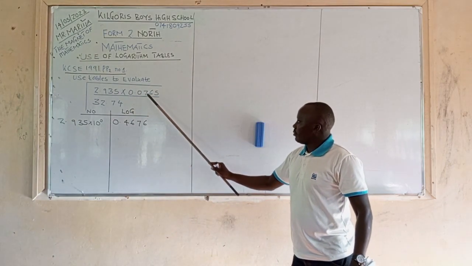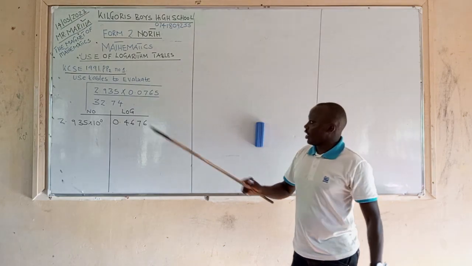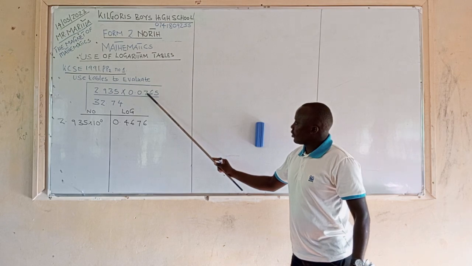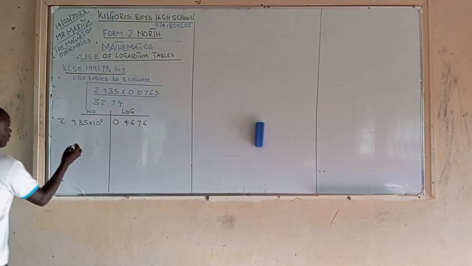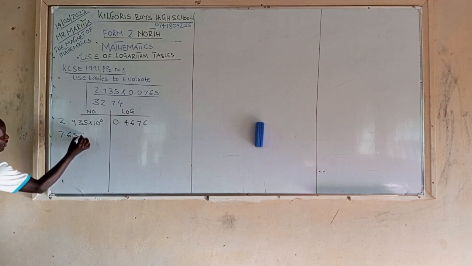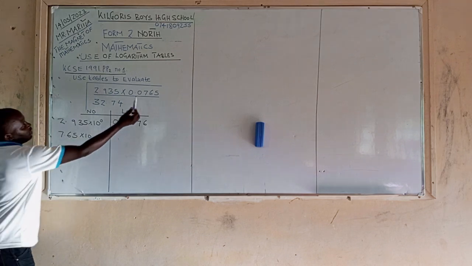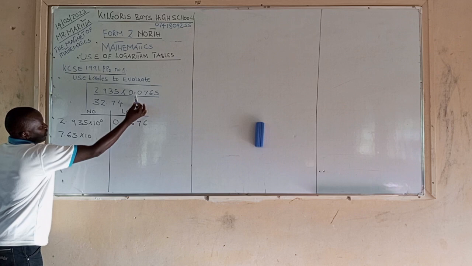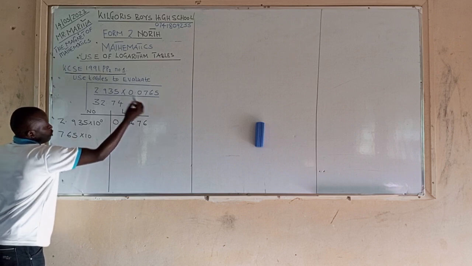The next number we have is 0.0765. We place a decimal point between digits 1 to 9, so we have 7.65. We write this in scientific form as 7.65 times 10. Because we have to move the decimal point, we count backwards: 1, 2.